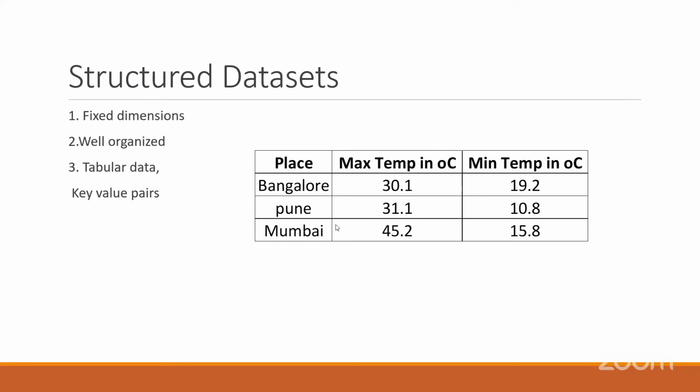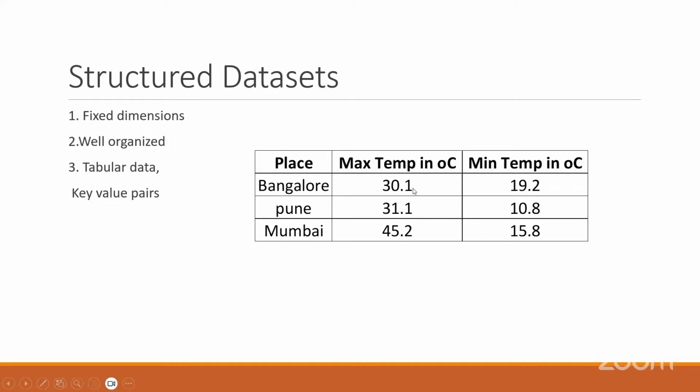City wise, we have taken three different cities. What are the three different cities we have considered here? Bangalore, Pune, and Mumbai. For each city, in a day, what is the maximum temperature? What is the minimum temperature?